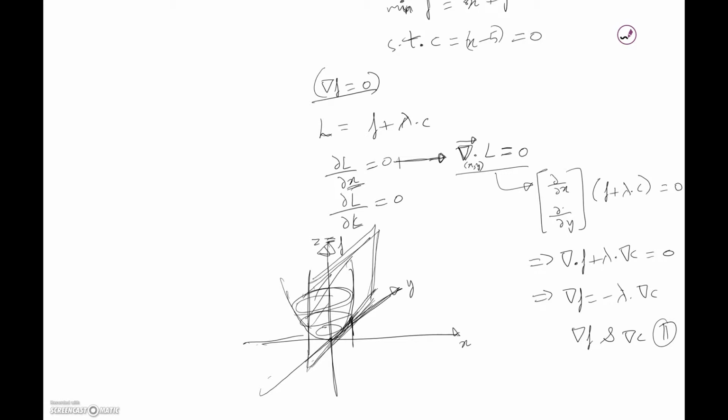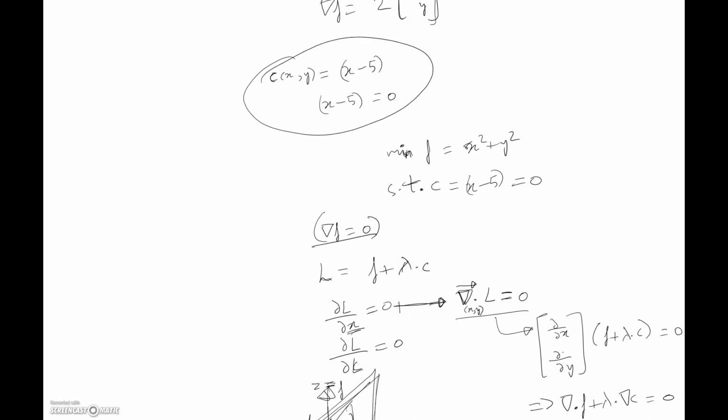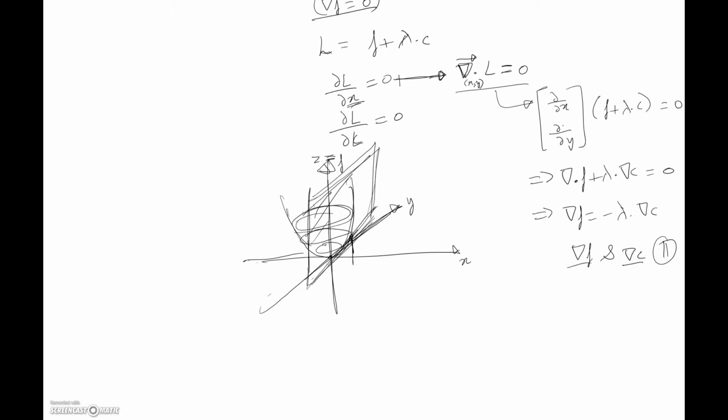Now what is the gradient of the constraint? Since we're dealing with del f and del c, let's see what del c is. I've already told you up here how to find del f. Now del c is basically what? So what is c? C is equal to x minus 5.